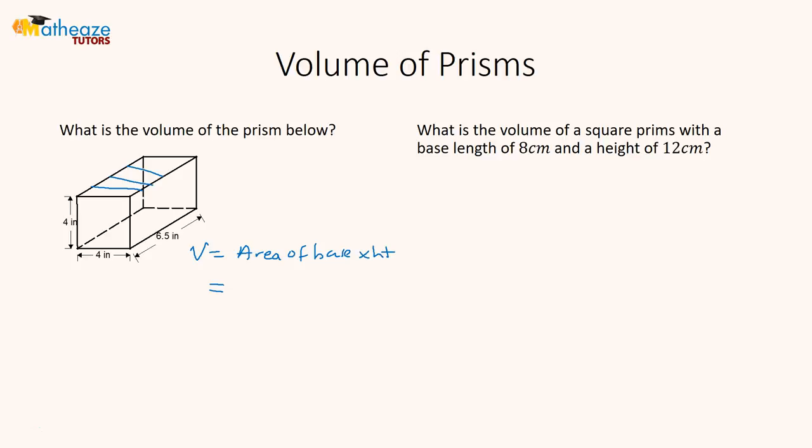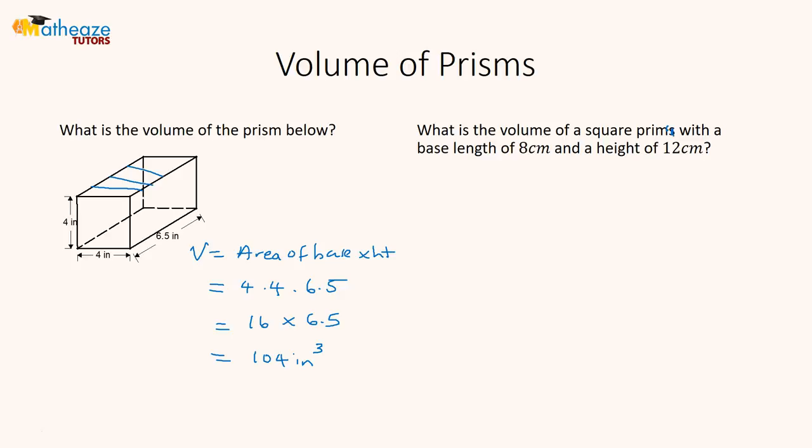The area of the base is 4 times 4, and then the height is that line that joins both bases together, which is 6.5. So 4 times 4 is 16 multiplied by 6.5. This is going to give us 104 cubic inches.